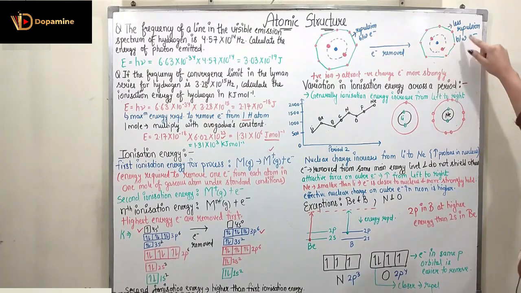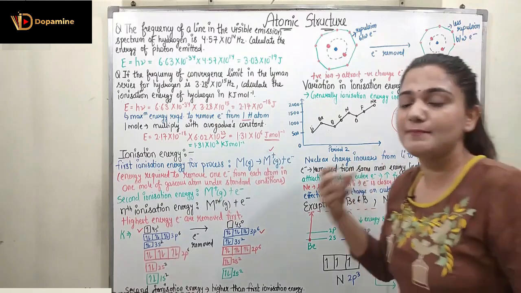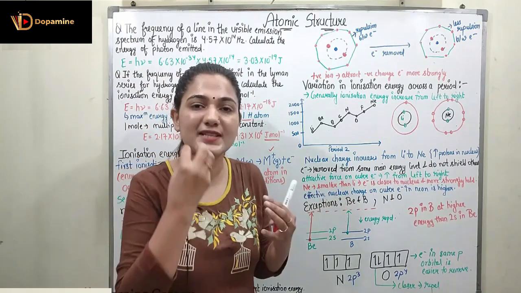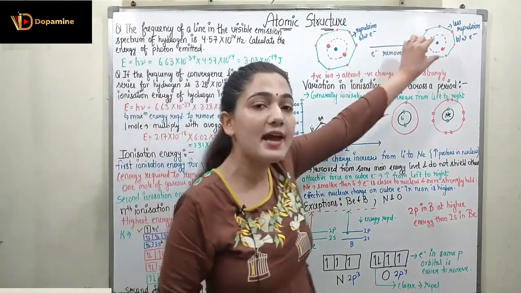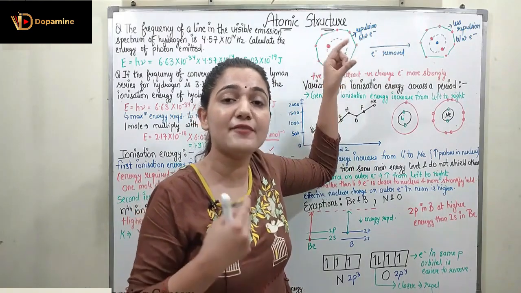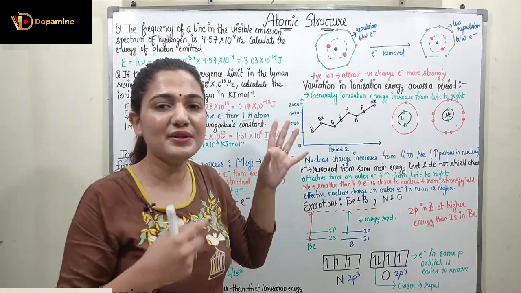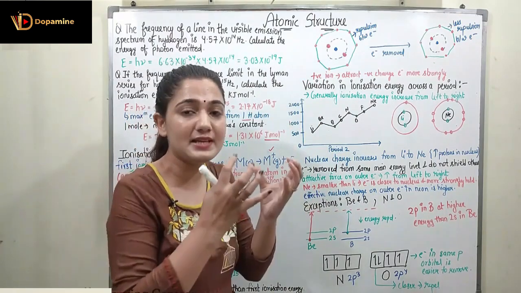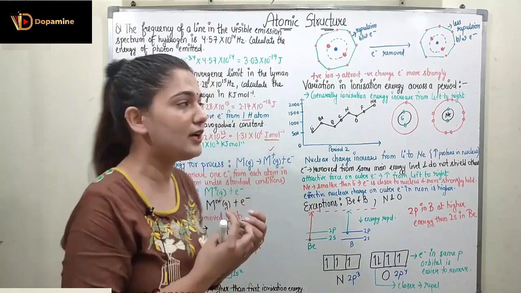So these 7 electrons will now have less repulsion forces. All of the electrons are repelling each other, right? And the protons are attracting the electrons. Now here I have 7 electrons, here I have 8 electrons. When I have 7 electrons, I will be having less repulsion. So the repulsion force experienced by the electrons would be less, which means they are going to be more attracted to the nucleus.